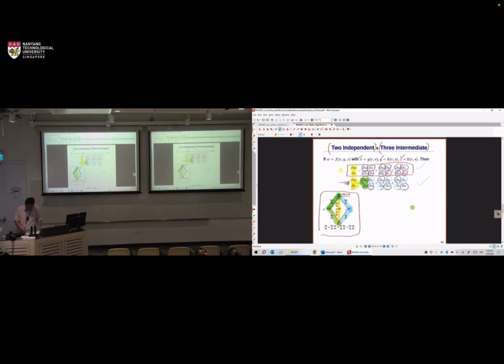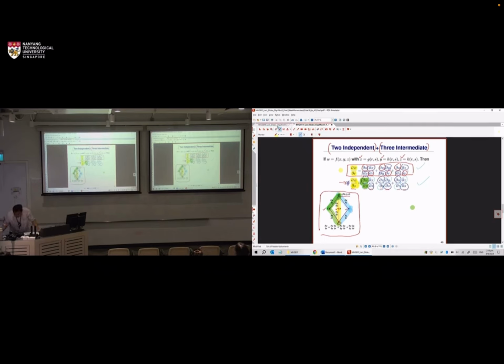Okay, but I show you another case here. 2 independent and 3 intermediate. If W equal to F(x,y,z), with x equal to G(r,s), y equal to H(r,s), and z equal to K(r,s), find the expression.